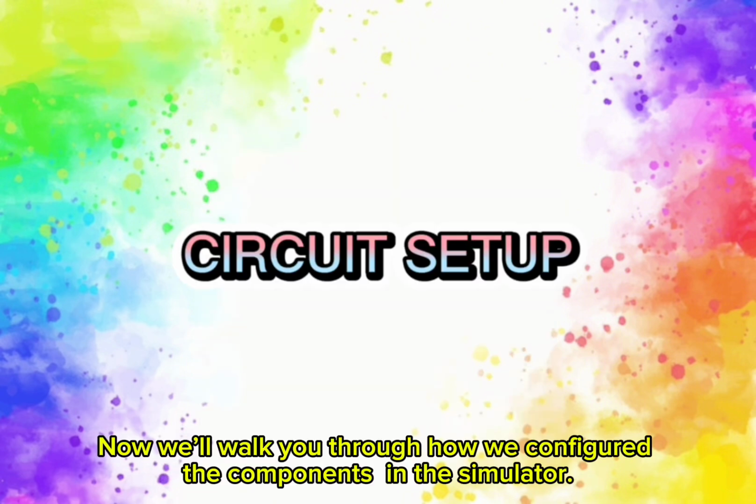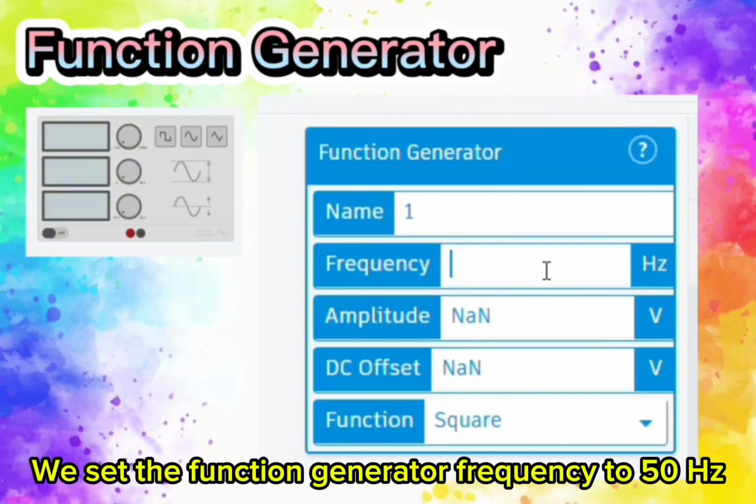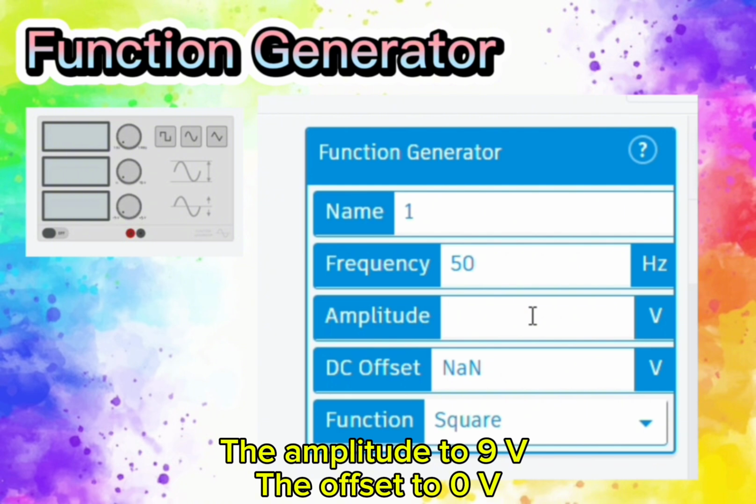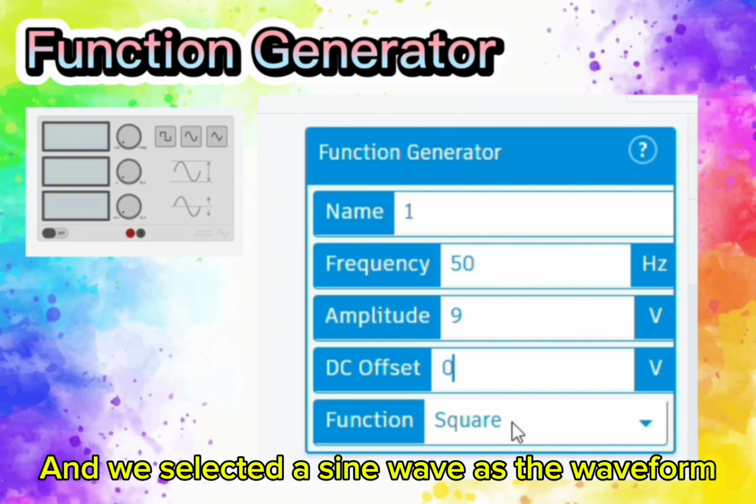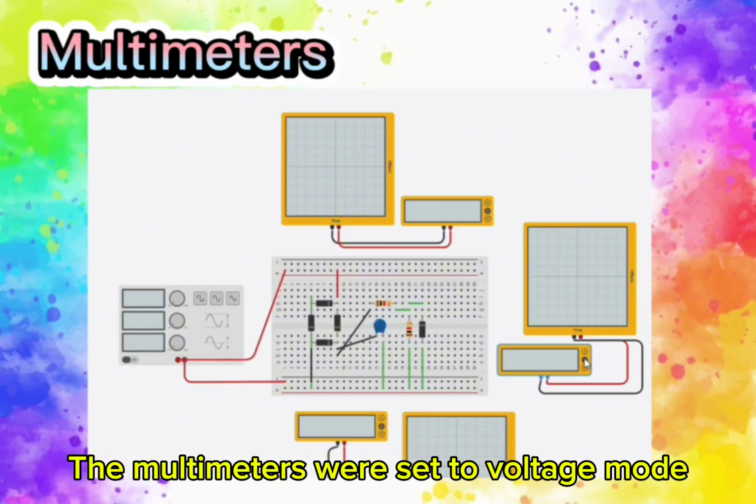Now we will walk you through how we configured the components in the simulator. We set the function generator frequency to 50 Hz, the amplitude to 9 volts, the offset to 0 volts, and we selected a sine wave as the waveform. The multimeters were set to the voltage mode.